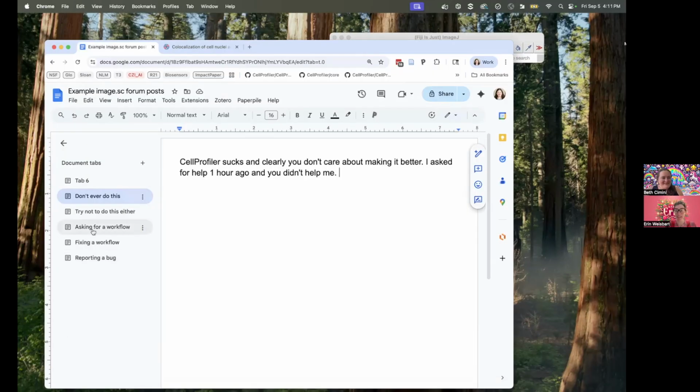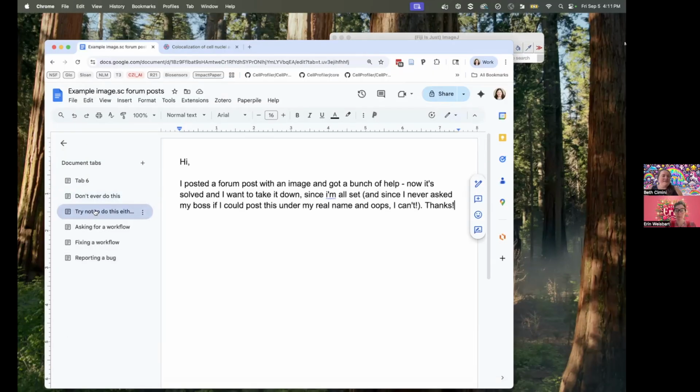Don't be mean. The other thing that I want to say, please try not to do this: think about what you post before you post it. When you post information on the forum, you are actually posting it under a sort of CC0 license. What that means is anybody should be able to use the things that you put.